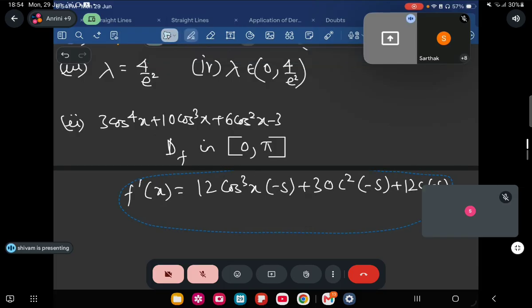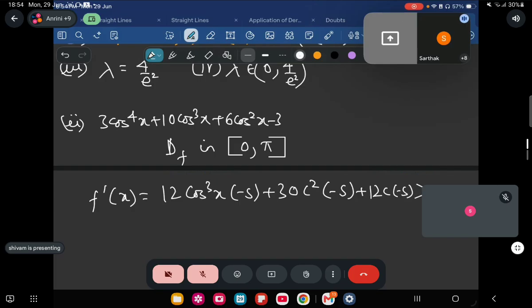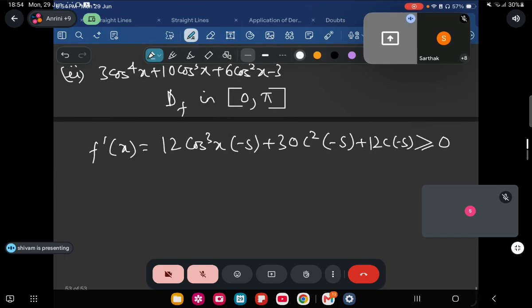After this, you have to take common. You take minus 6 sin x cos x common. 6 is common in all of them. You'll get a quadratic: 2 cos square x plus 5 cos x plus 2. You have to put it greater than or equal to 0.